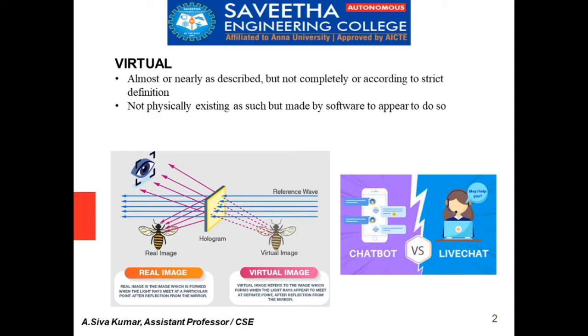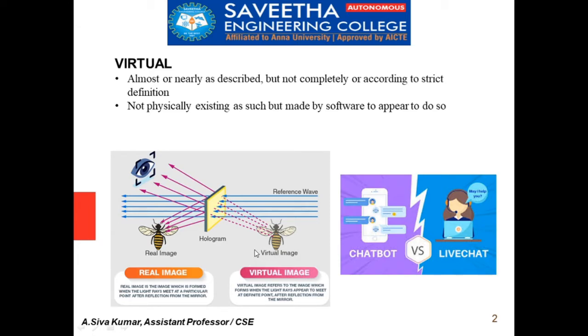And then here they have given images showing how we are operating the system virtually. That is a live chat is obtained, and through a chatbot you can obtain the virtual part.